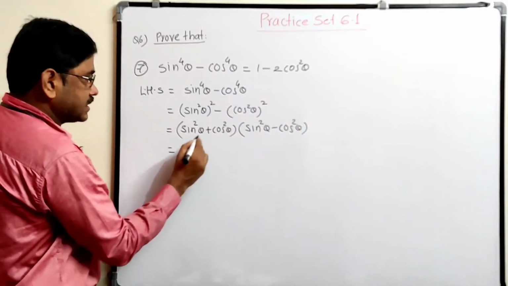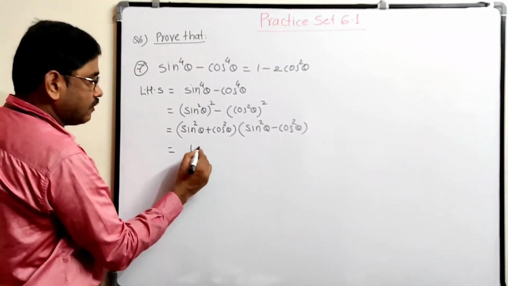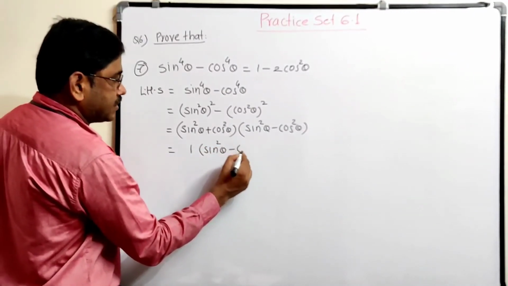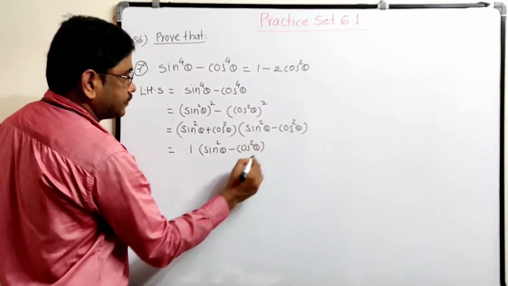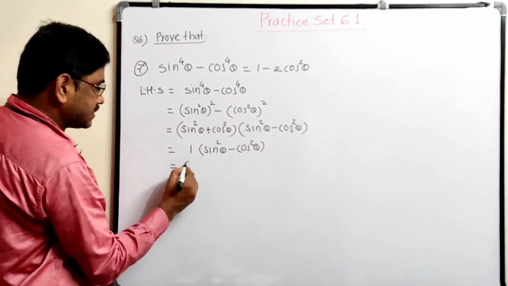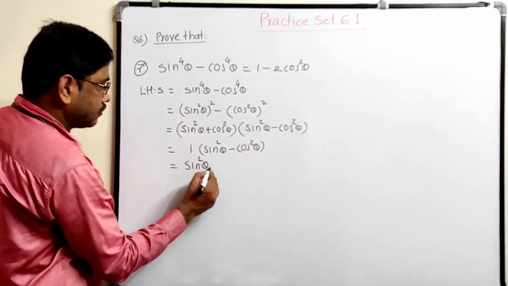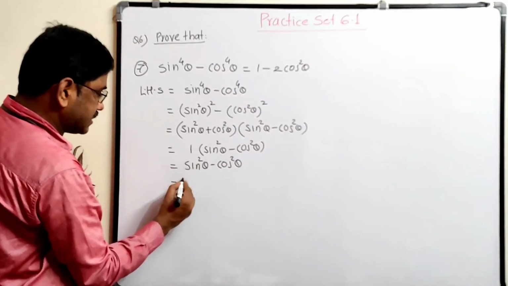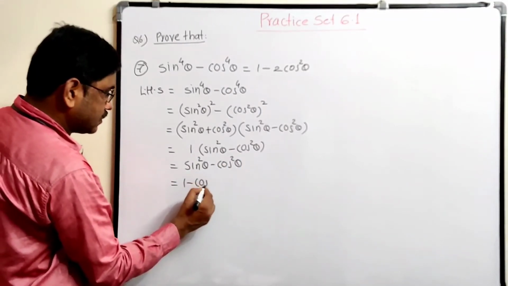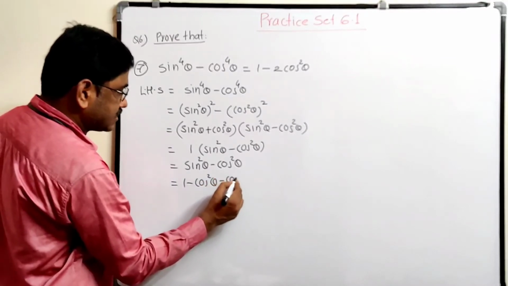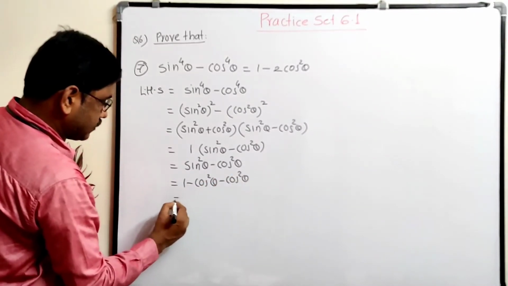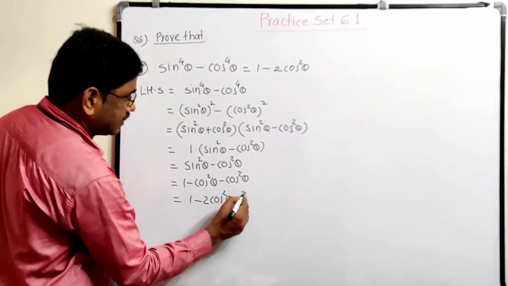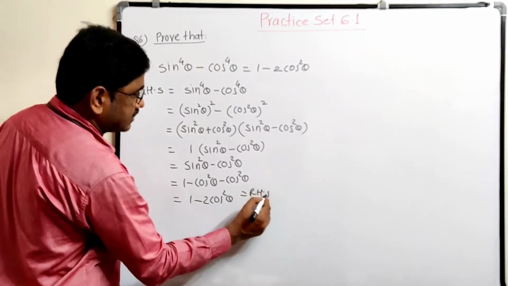The first bracket is 1, identity, 1 into sin square theta minus cos square theta. But according to the identity, sin square theta is 1 minus cos square theta, and minus this cos square theta. So we get 1 minus 2 cos square theta, which is our RHS.